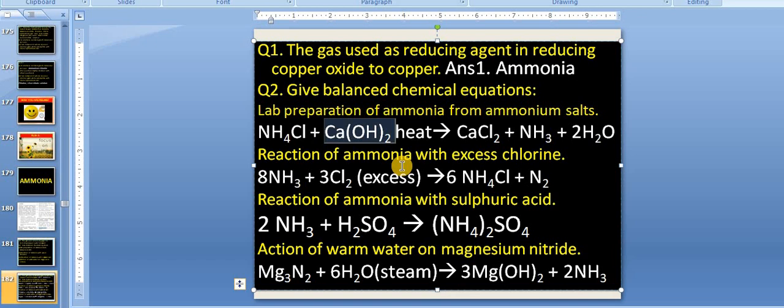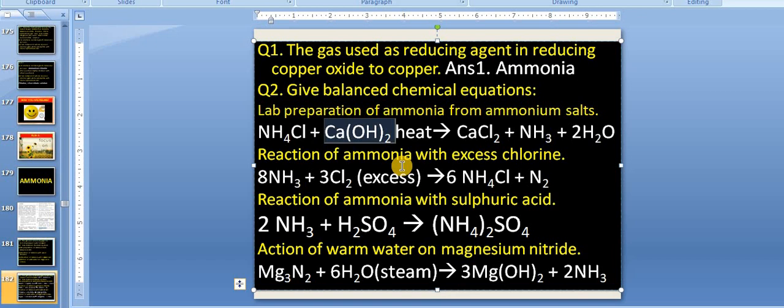Now next is the reaction of ammonia with excess chlorine. Please remember this, I am giving you the fundamental. If chlorine is in excess, we will get ammonium chloride and nitrogen, right?